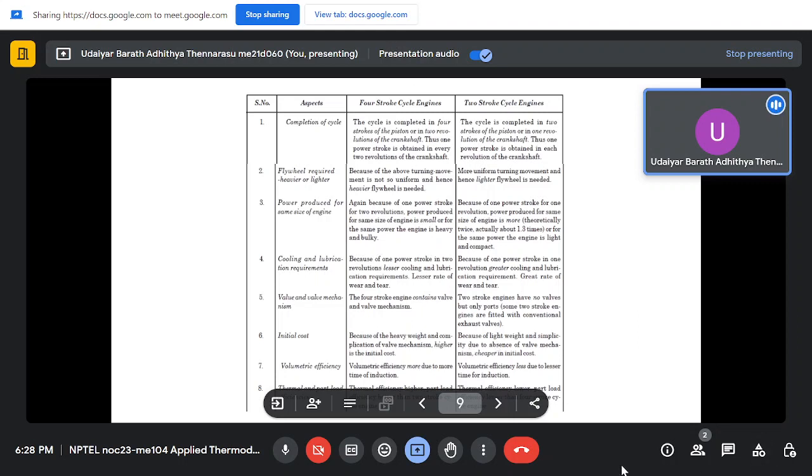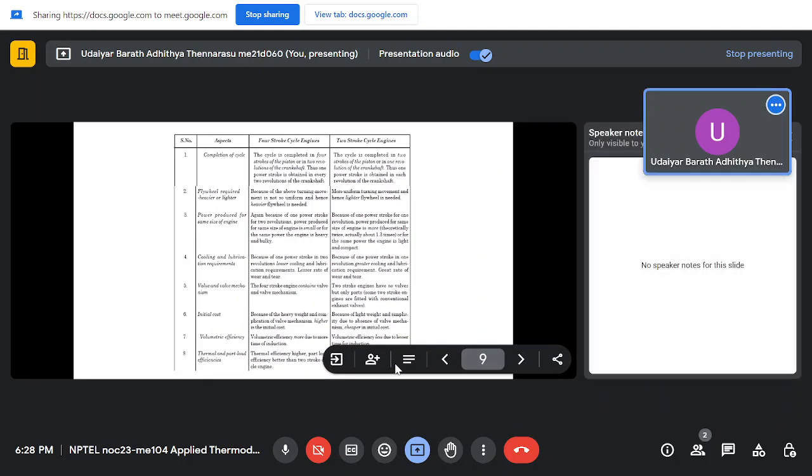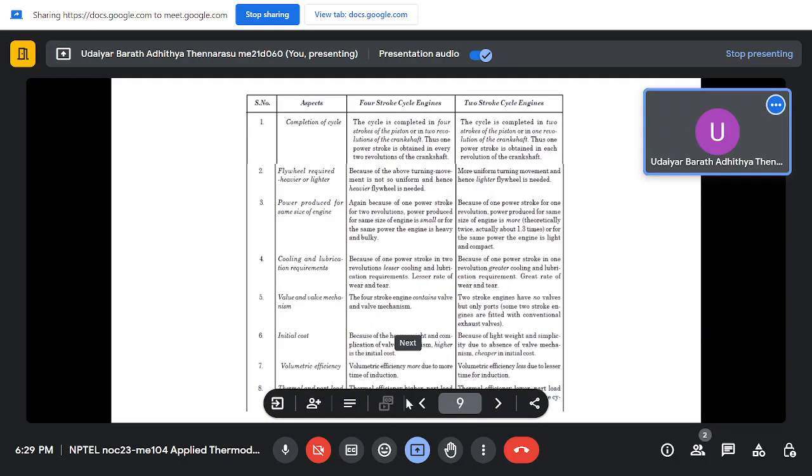And if you see volumetric efficiency, in the case of a 4-stroke engine it will be more, because the piston is compressing and removing the exhaust gases. But in a 2-stroke, all the exhaust gases will not be removed. It's not possible to remove them, so volumetric efficiency will be lesser.